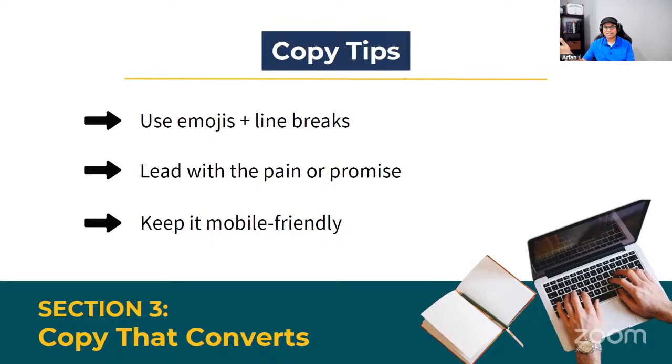You want to be able to have more of a story there to be able to tell, if your coaching practice is based off of your life and your experience, to be able to share that story there too as well. Okay. But just keep in mind that people are on mobile, and you know how it is on mobile. If you try to read a book on mobile, sometimes depending on target audience, it may not be something they like to do. So you want to make sure you can have some variety in there, whether it's a short copy, long copy, and add some variety so you can get better results.